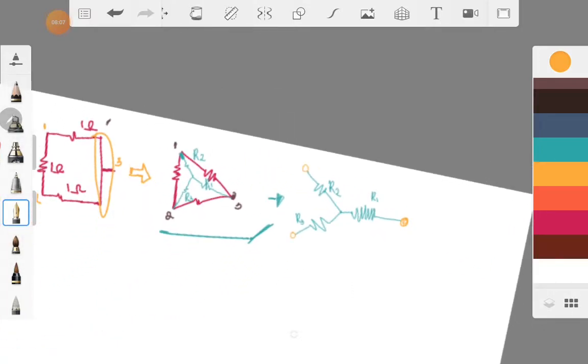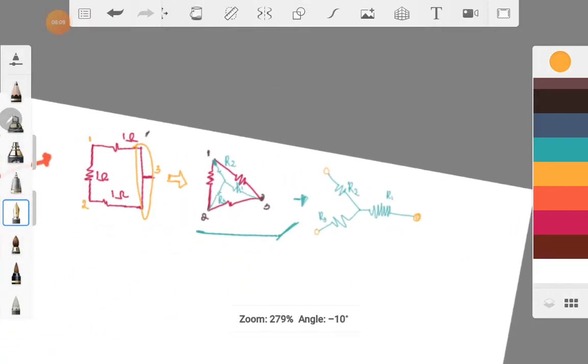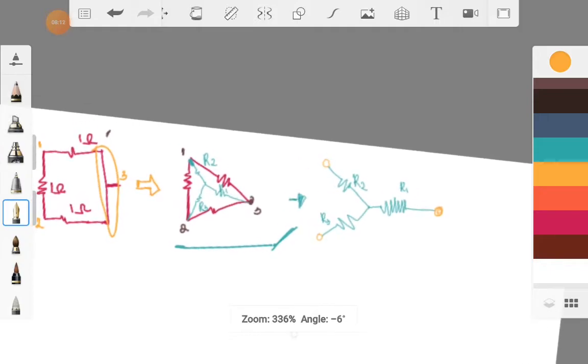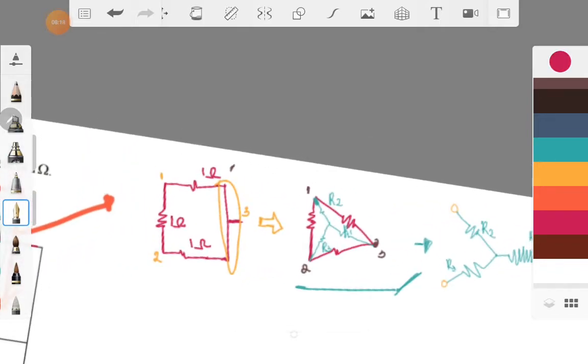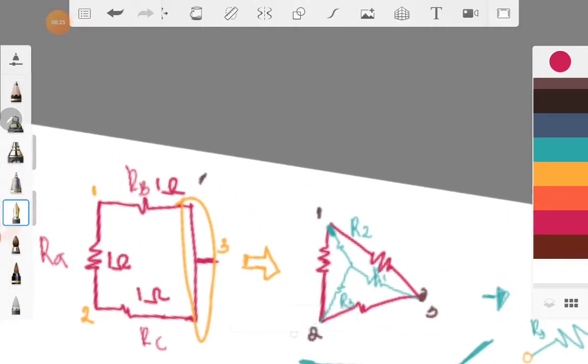Okay. Let us solve. Take note that this, let's say this will be RA, RB, and RC. Take note that your RA is equal to 1 ohm, your RB is equal to 1 ohm, and also your RC is equal to 1 ohm.